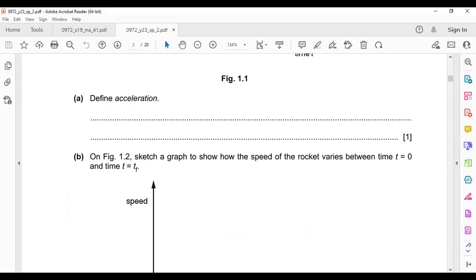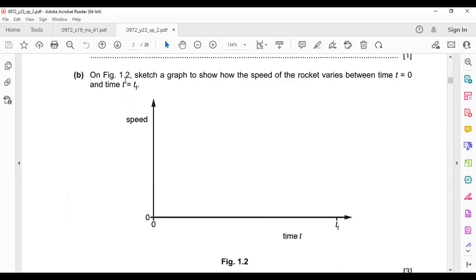Here we have part B. On figure 1.2, sketch a graph to show how the speed of the rocket varies between time t equals 0 and time t equals tf. So we have to sketch the graph.